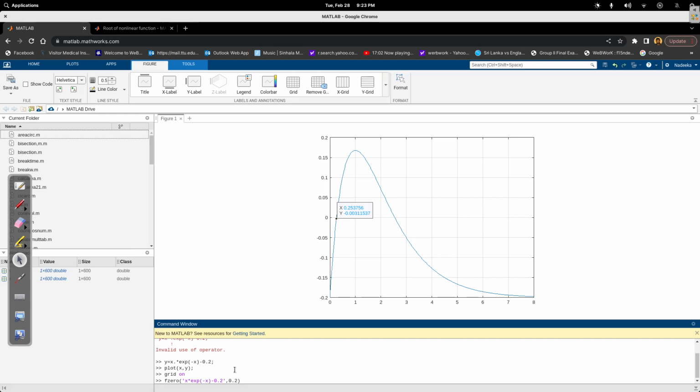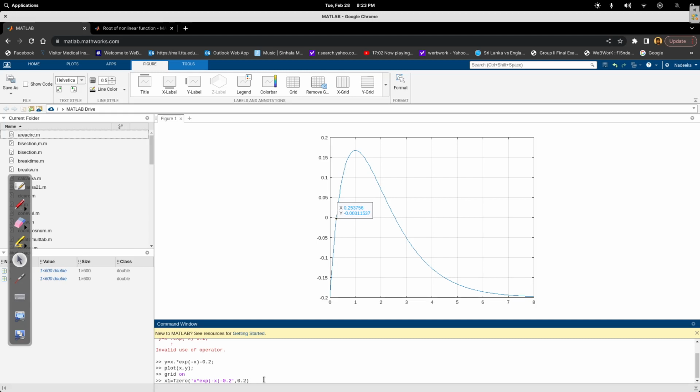We will store this root in a variable. It is not required, but if I want to use it later I have to store it in a variable, x1.